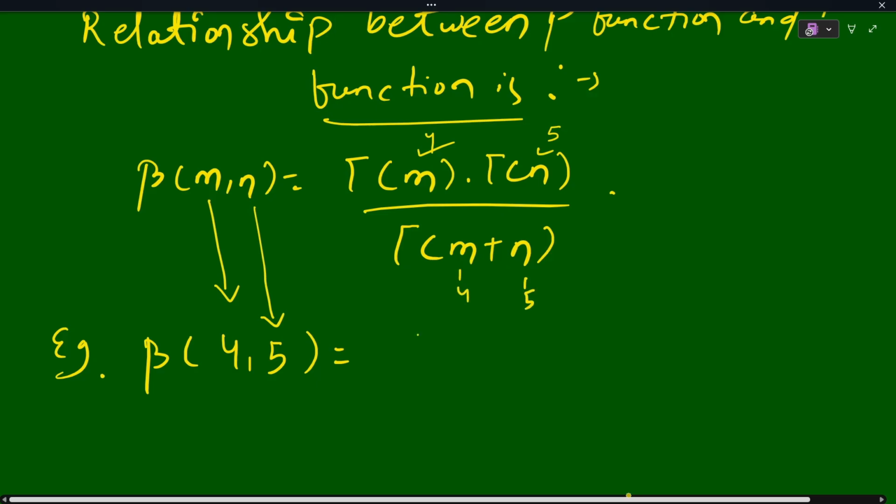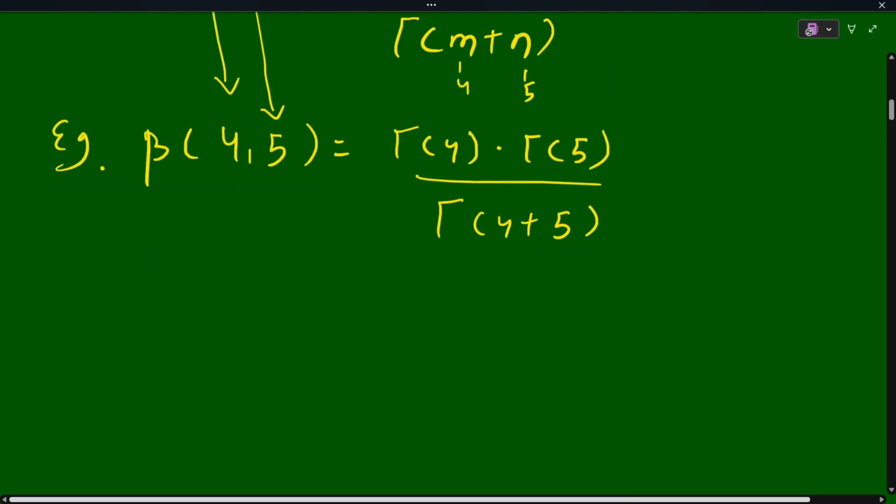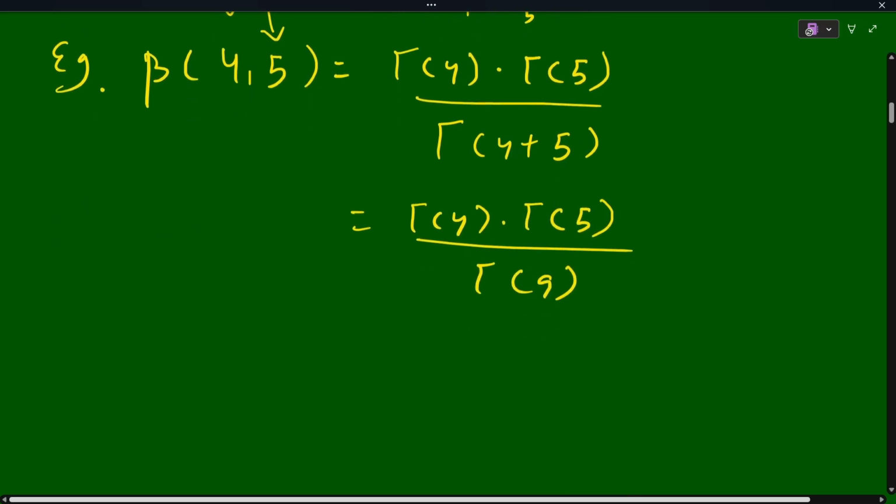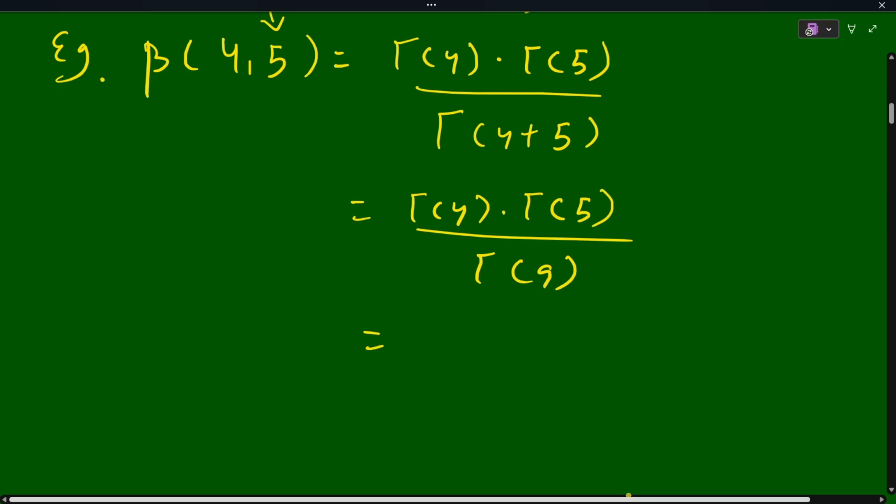This is gamma 4 into gamma 5 by gamma of 4 plus 5, that is gamma 4 into gamma 5 by gamma 9. So use the factorial format. Gamma 4 will be 4 minus 1 factorial, into gamma 5, which is 5 minus 1 factorial, divided by gamma of 9.